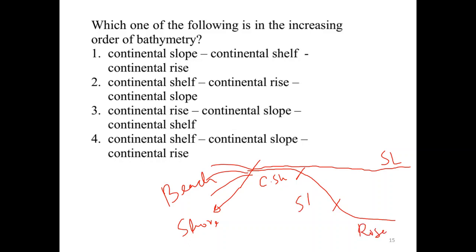What is bathymetry? It is the water depth. So we can see here that the shallowest is the continental shelf, followed by the slope and then the rise. So the increasing order of bathymetry will be the fourth option. It's a very easy question. You should all remember this diagram.